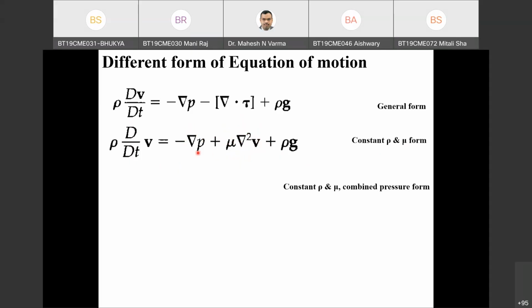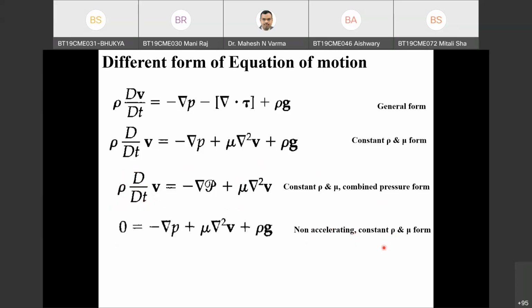Then there is non-accelerating flow, which means the variation with respect to time is 0; accumulation is 0. That is non-accelerating flow for constant density and viscosity. Here also I can have the combined pressure form. Then negligible viscous flow means the viscous force is 0.